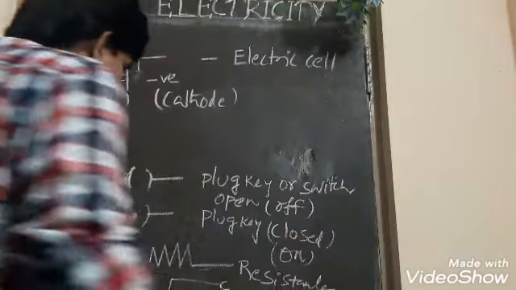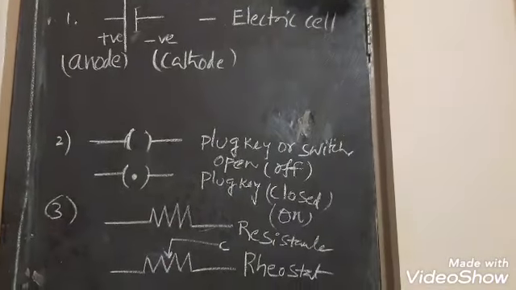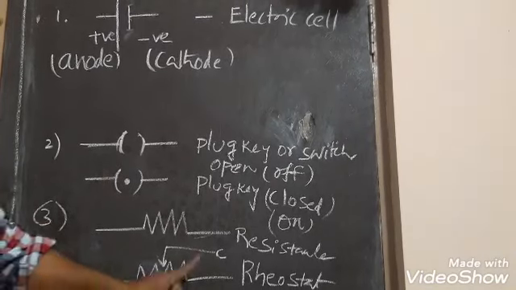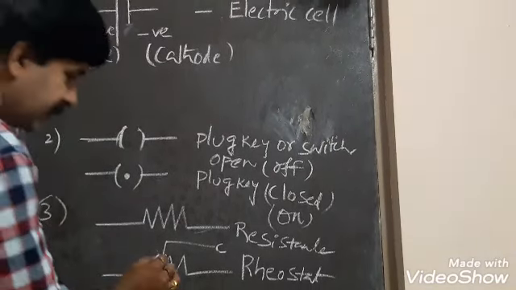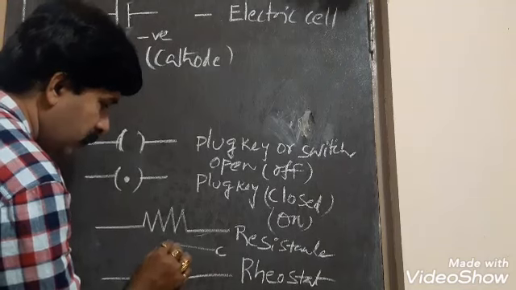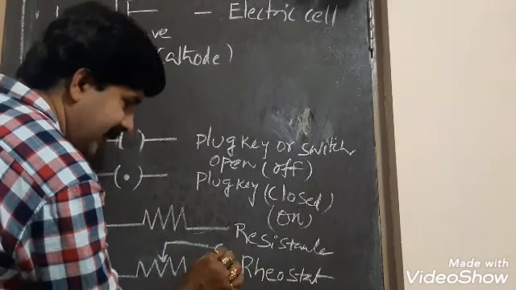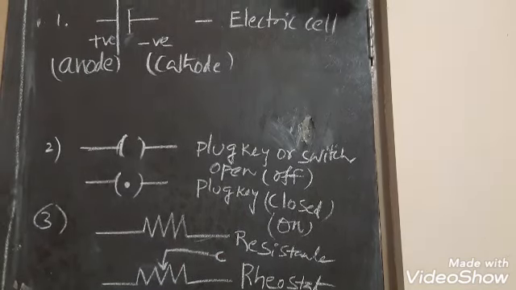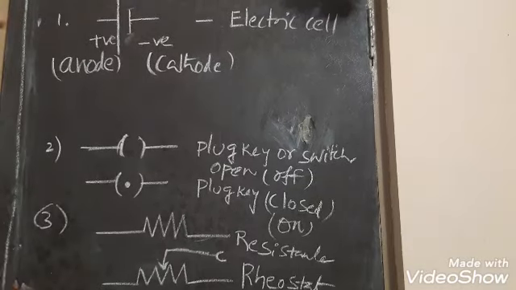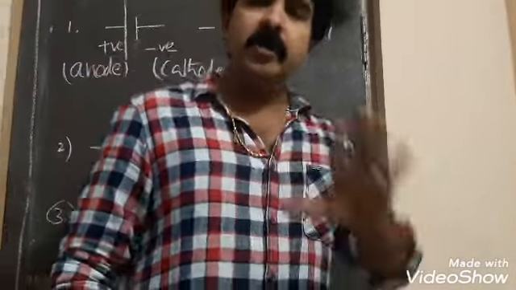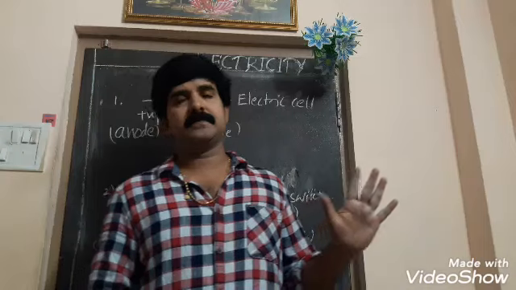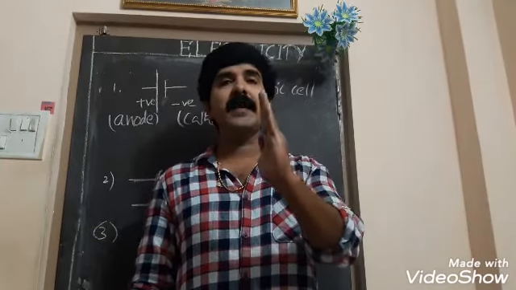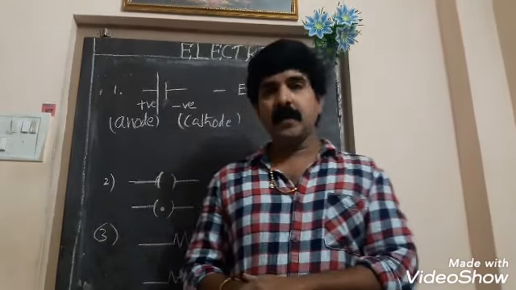And the next thing, rheostat. Rheostat is represented like a resistance, but with one arrow, and is marked with C. What does it mean? Rheostat is also a resistance, but it is a variable resistance.